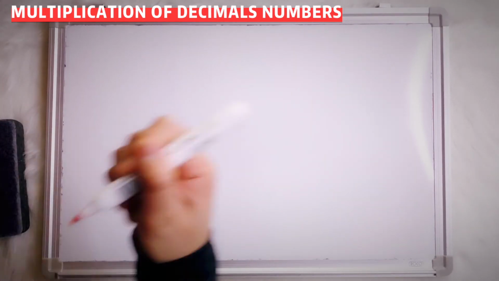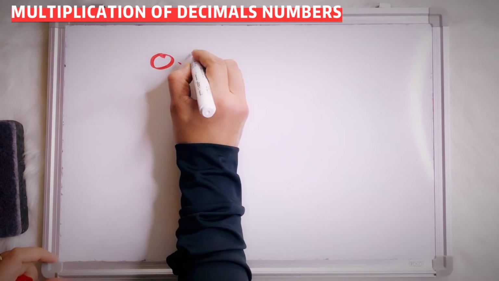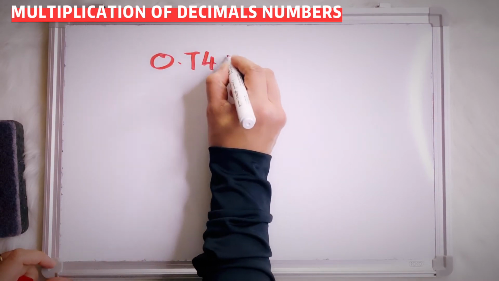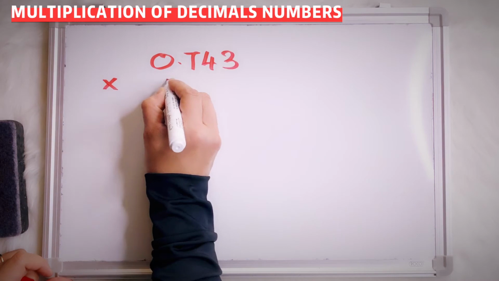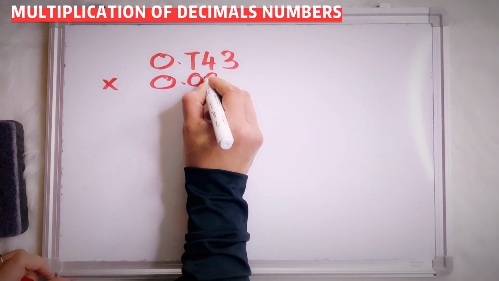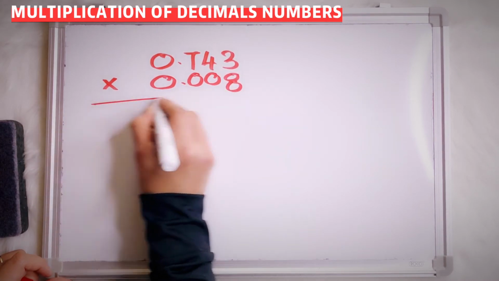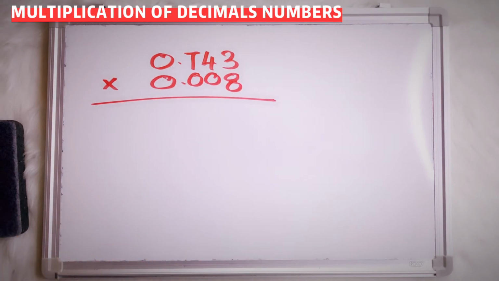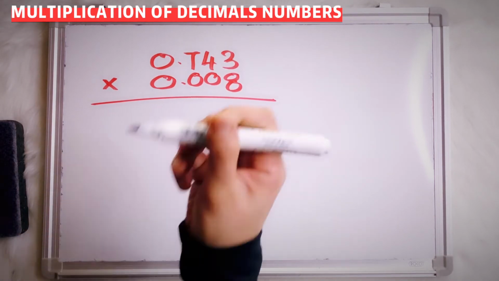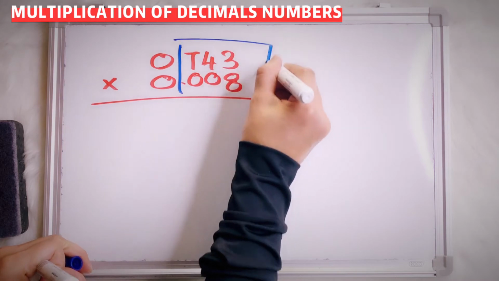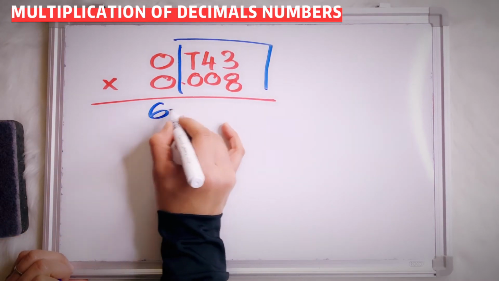Now, one more. 0.743 you multiply with 0.008. How many digits here? We have 6 digits.